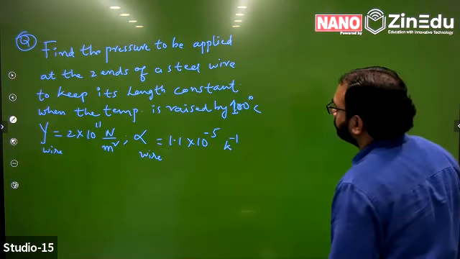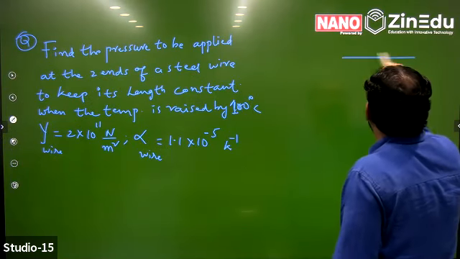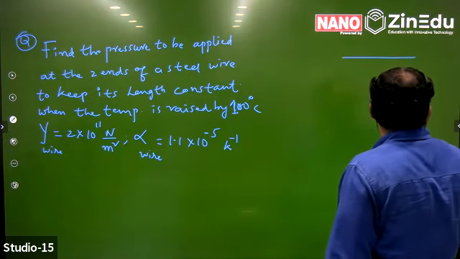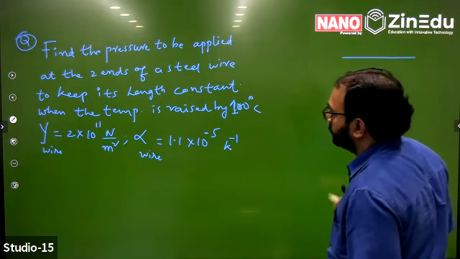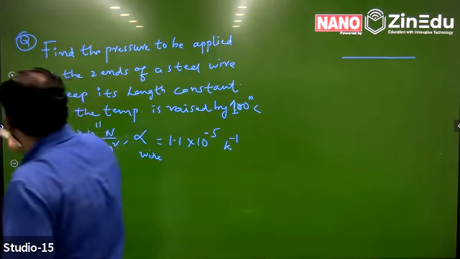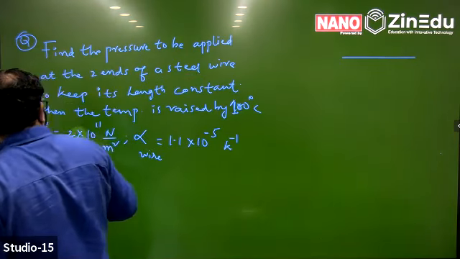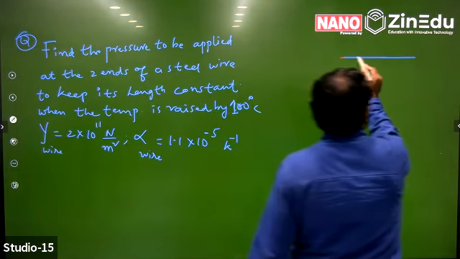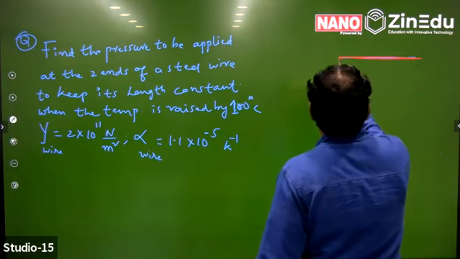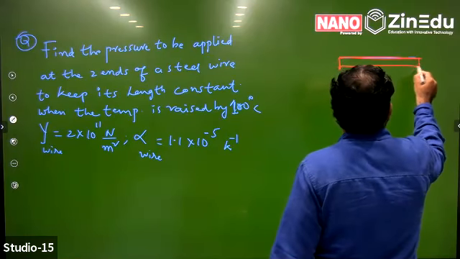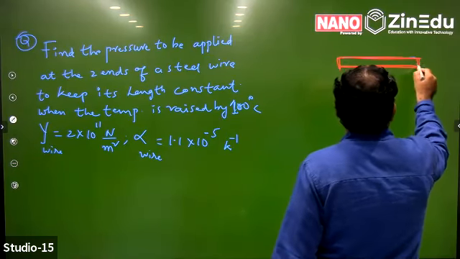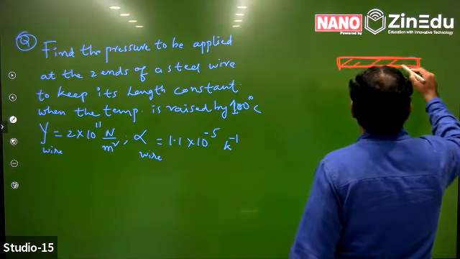So here, suppose we have a wire, made up of steel. It has some length.